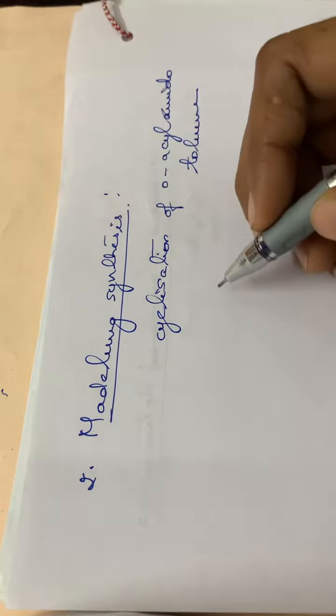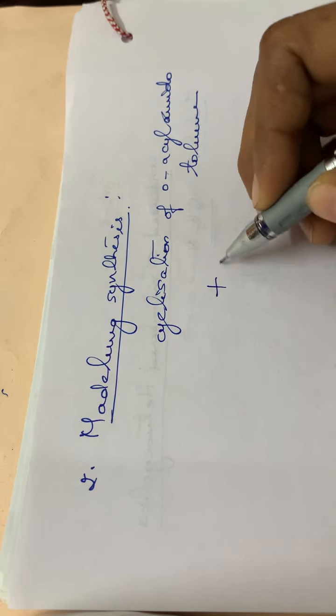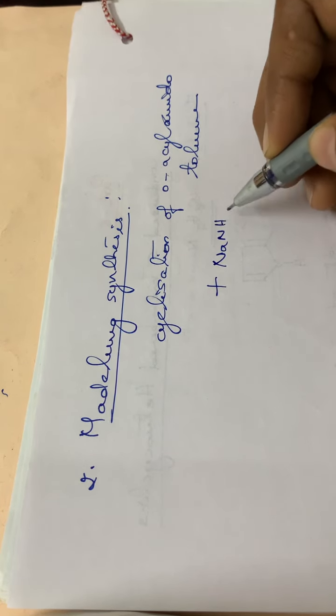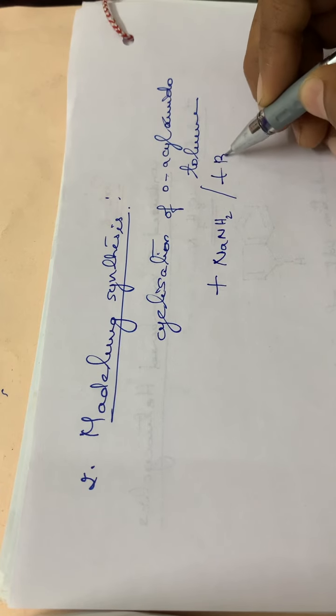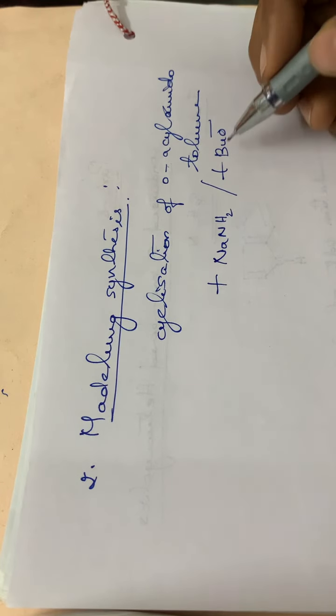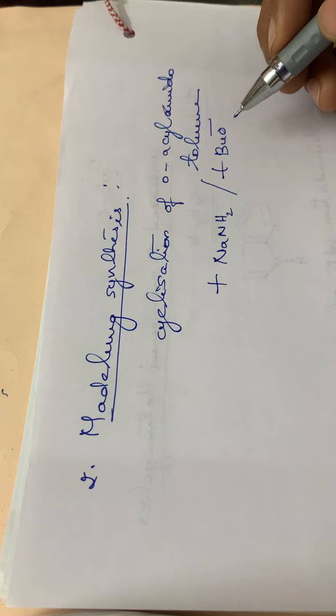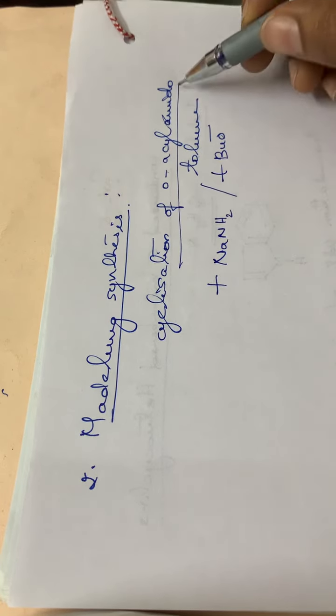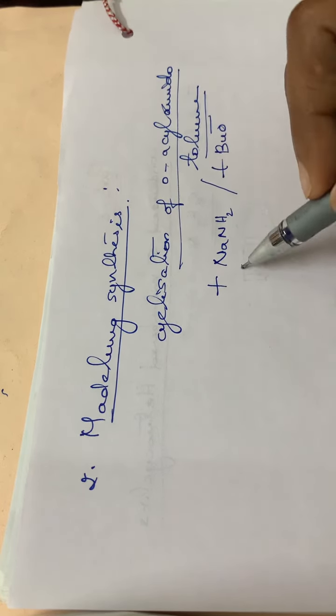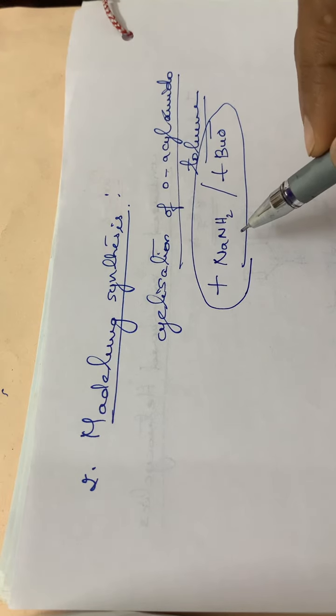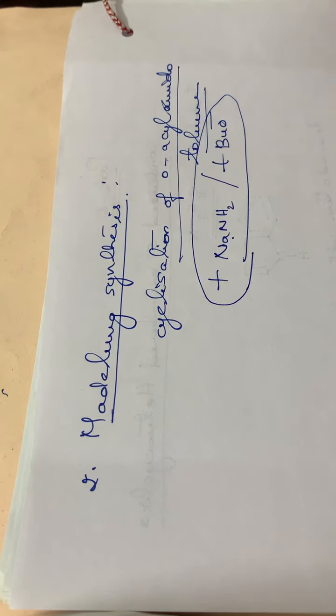For the cyclization a strong base is used. Strong base means sodamide, NaNH2, or tertiary butoxide, t-BuO-, is used, in the cyclization of ortho-acylamidotoluene in presence of either of these strong bases.